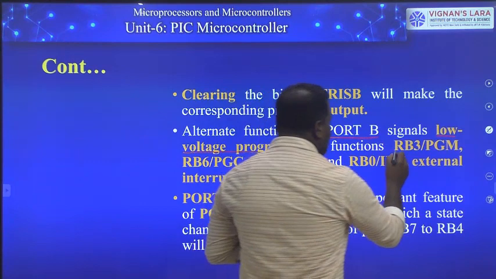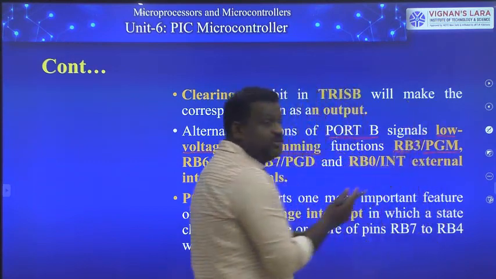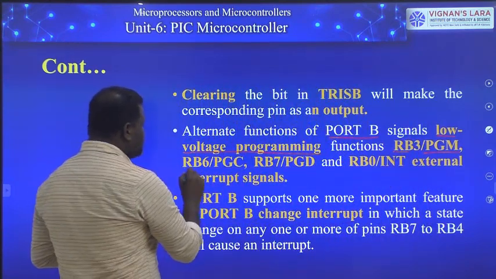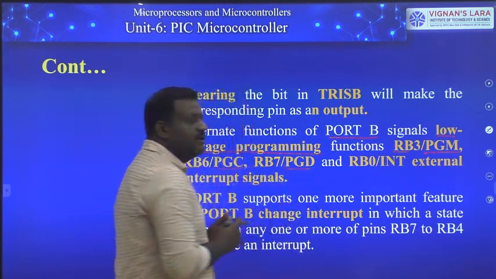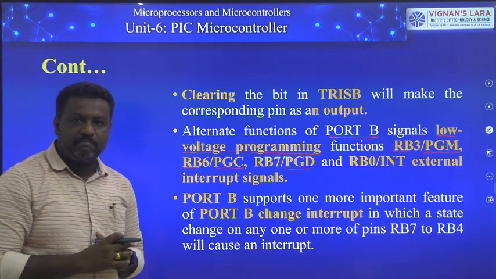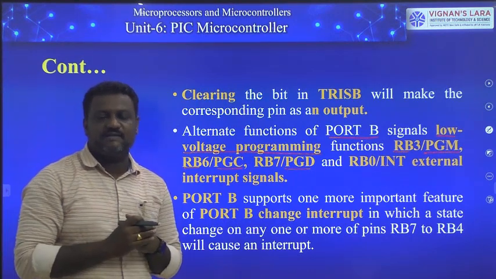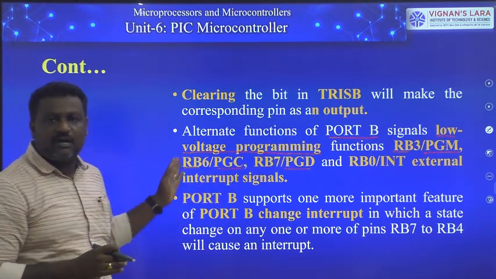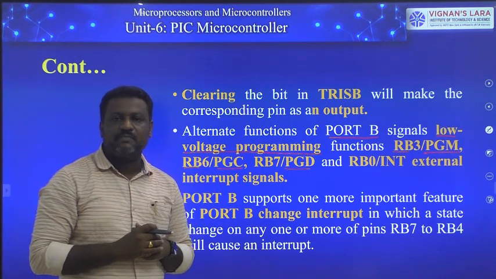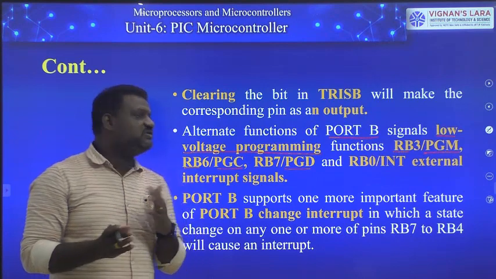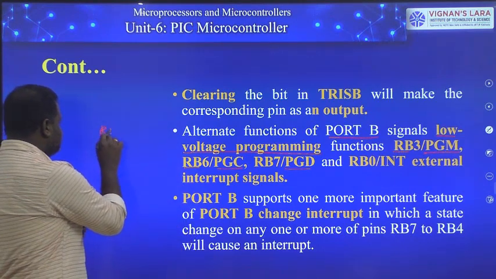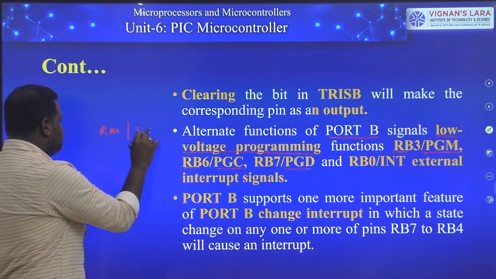Here, RB3's alternate function is PGM, RB6 is PGC, and RB7 is PGD. PG represents programming. So the low voltage programming signals are RB3, RB6 and RB7. And one more signal, RB0, has an alternate function. RB0 acts as the INT signal.